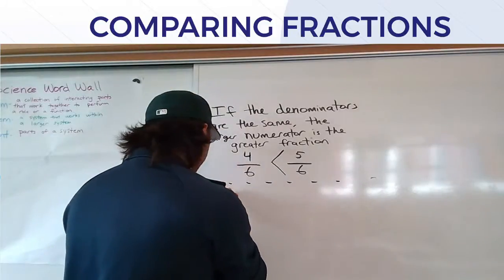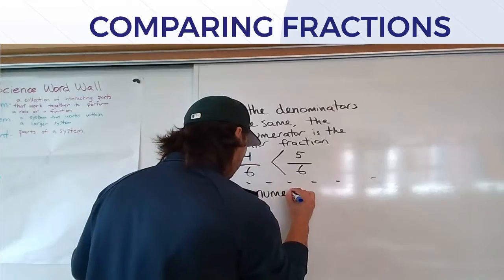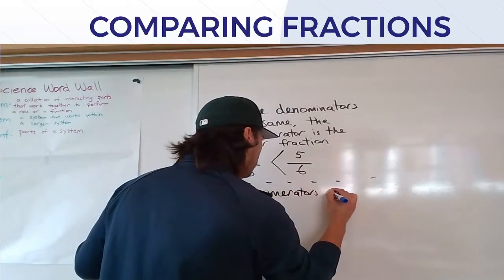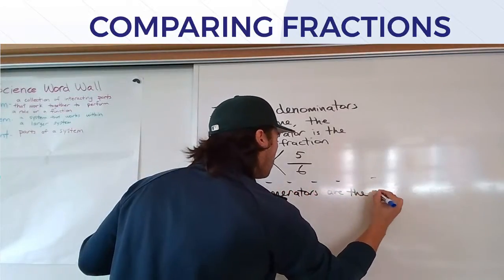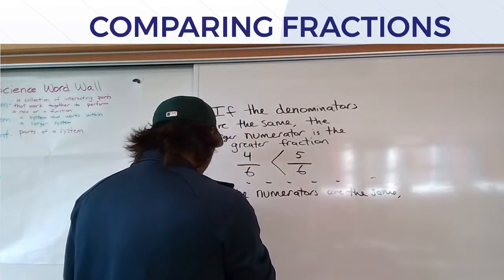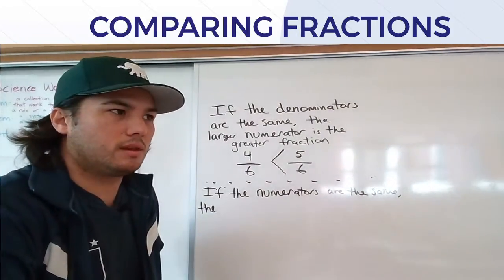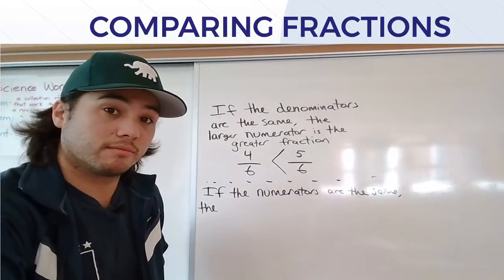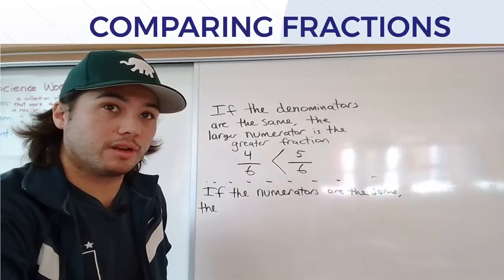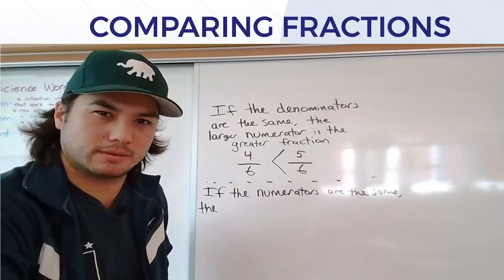If the numerators are the same, here's the tricky part, right? Because actually it's the smaller number in the denominator, but a smaller number in the denominator actually means a bigger piece.